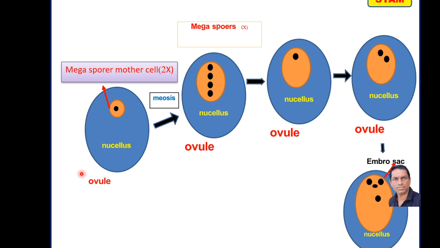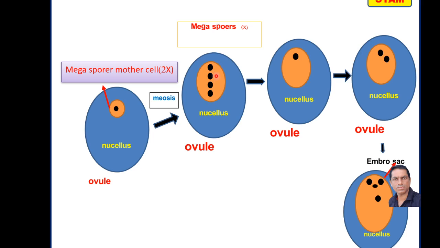In the development of Oenothera, in the ovule, the mass of diploid cells present is called the nucellus. In the nucellus, towards the micropyle side, any one of the diploid cells acts as a megaspore mother cell. This megaspore mother cell undergoes meiosis and forms 4 haploid megaspores.